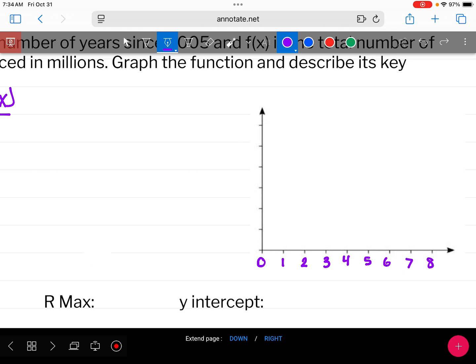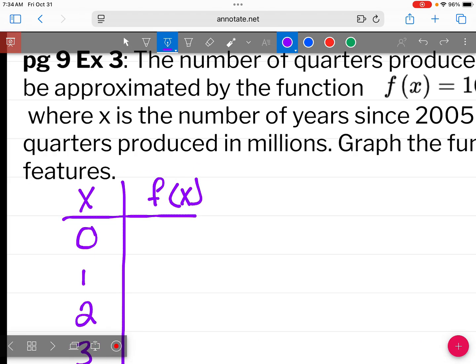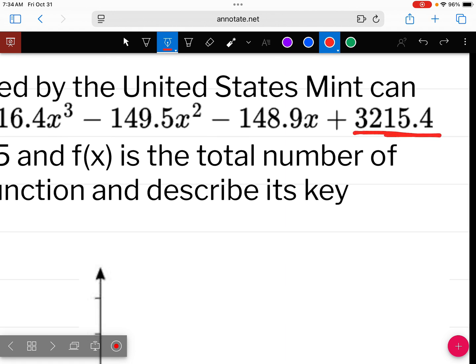What is the value for this function when x is 0? When x is 0, our y-intercept is going to be this constant over here, the one that doesn't have any x's.